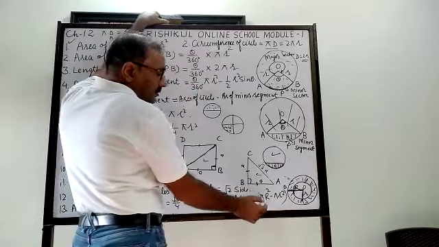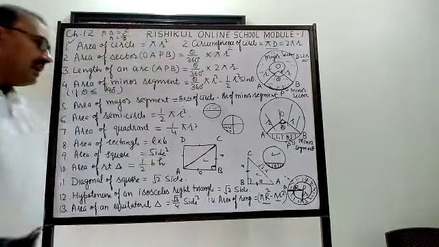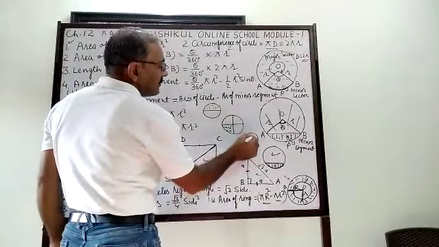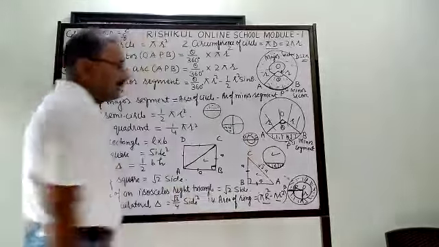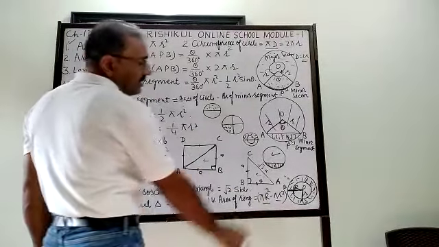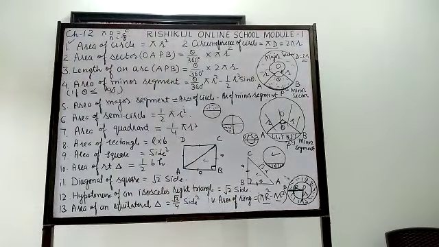Area of the bigger circle minus area of the smaller circle. And if the ring is half of the circle, you can put half of pi R square minus half of pi small r square.